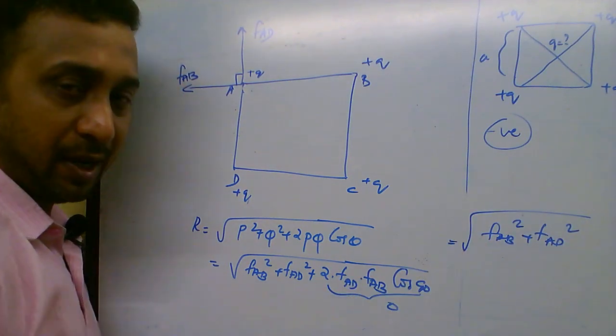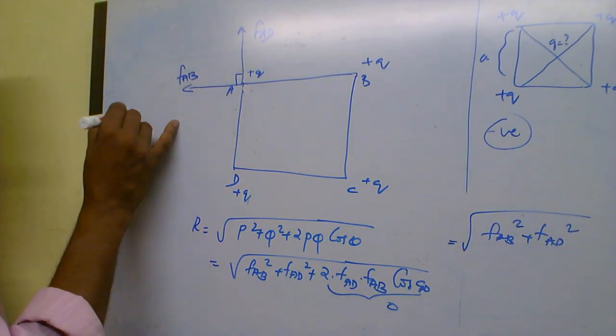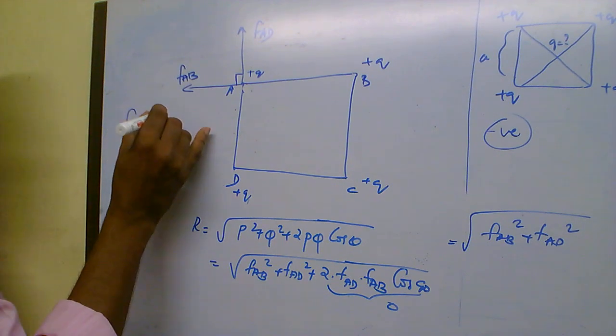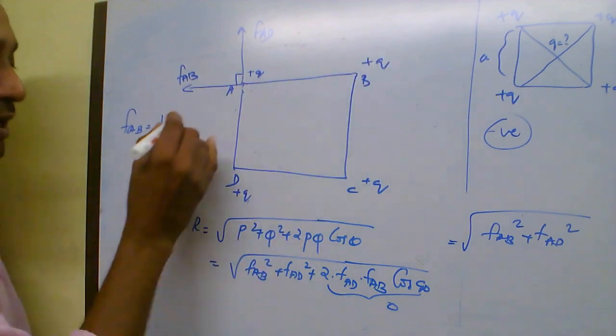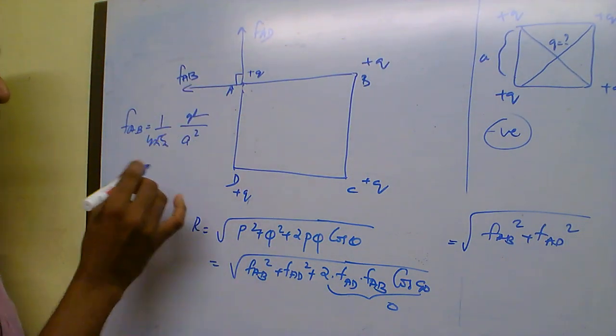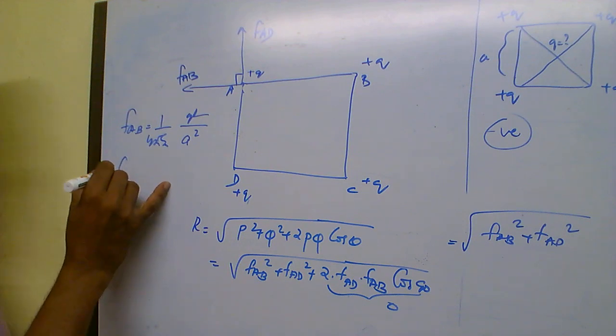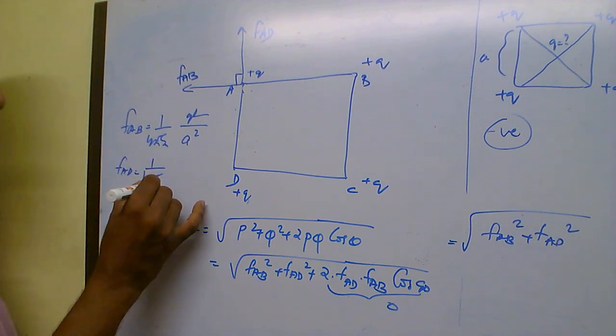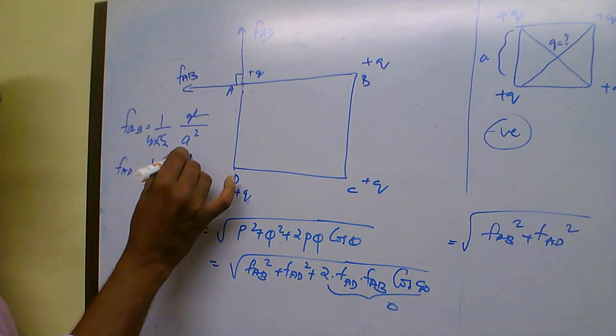Now what will be the magnitude? So force on A due to B, FAB, is equal to 1 by 4 pi epsilon 0, here it is Q, here it is Q, so Q squared by the distance, which is A, squared. Similarly FAD will be equal to 1 by 4 pi epsilon 0, as per Coulomb's law, again Q squared by A squared.